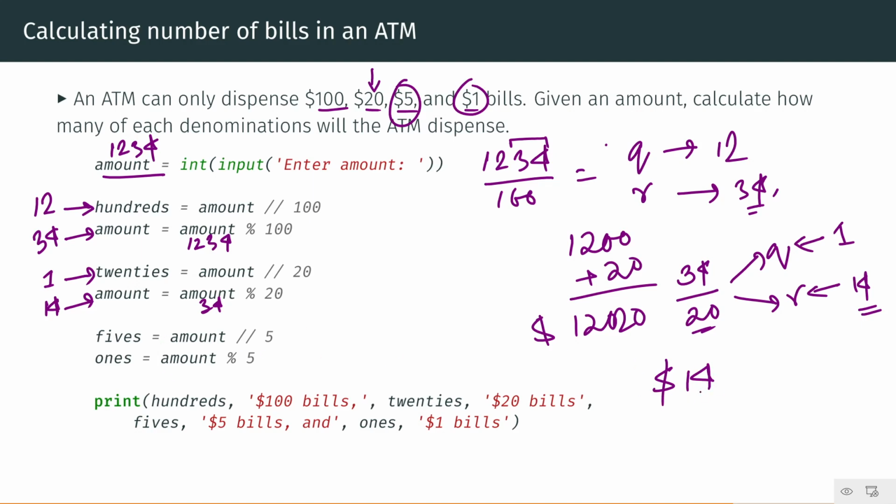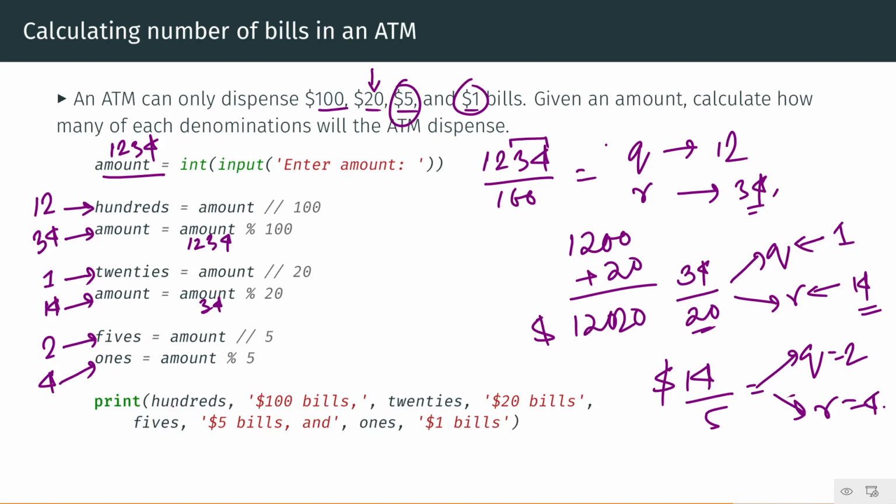You take the amount 14, you divide it by 5, and that will give you a quotient of 2 and a remainder of 4. 5s equals amount divided by 5, and the quotient we save in the variable 5s, which is 2. So we have two 5s, and the remainder you just dispense using $1 bills, which is 4.